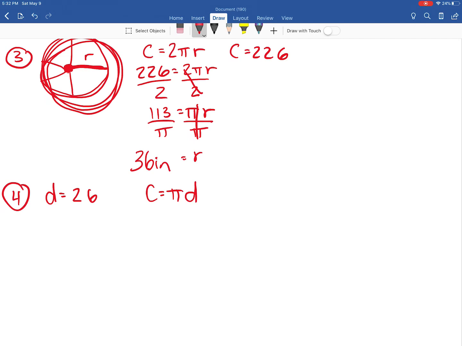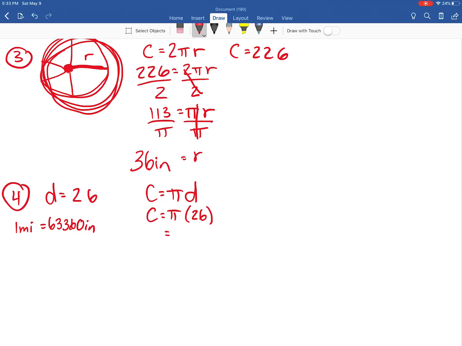Second thing I notice is that the diameter is given in inches and it's asking about traveling a mile. Well, this is something that I would give to you on the test as well. 1 mile is 63,360 inches.